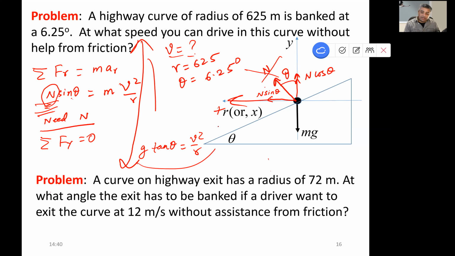So it's the same problem, which means we can use this and solve for theta, which means tangent theta is v squared over r g.